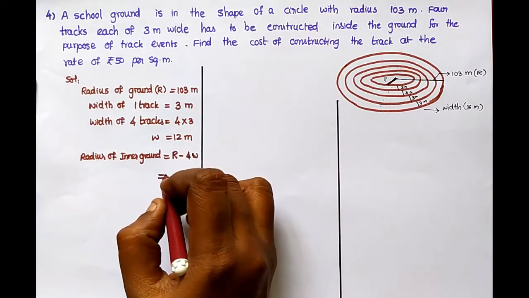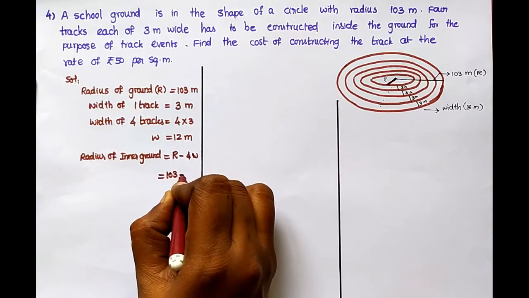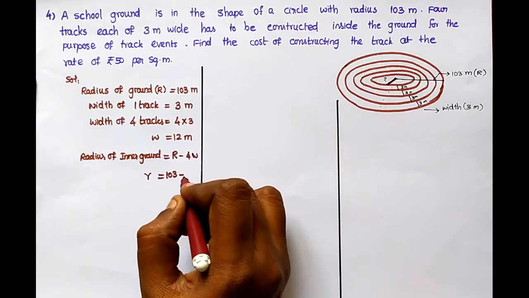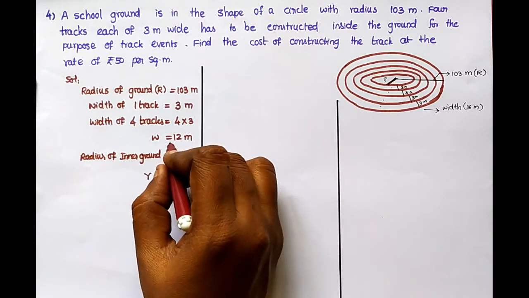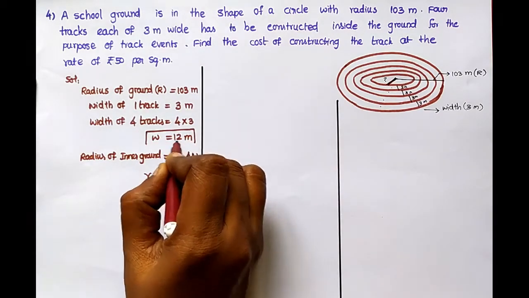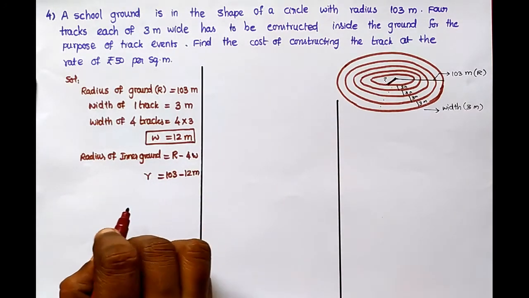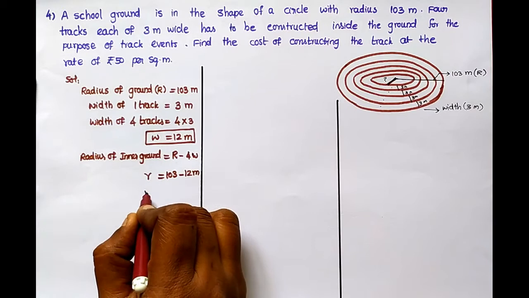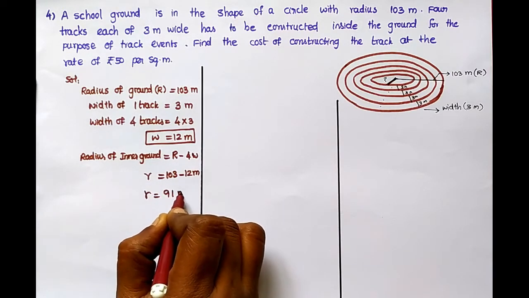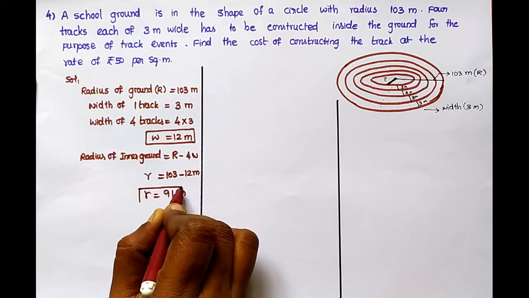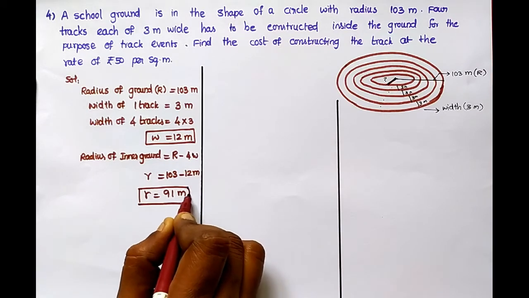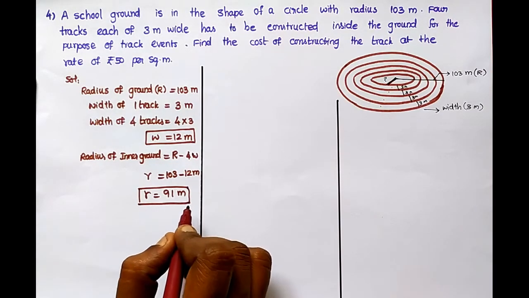R minus 4 width, R is 103 minus 4 width, we found that 12 meter. So r equal to 91 meter. 103 minus 12, 91. So small r equal to 91 meter.